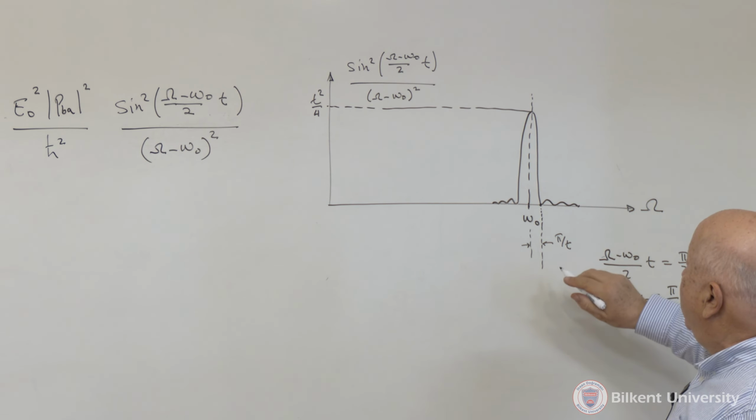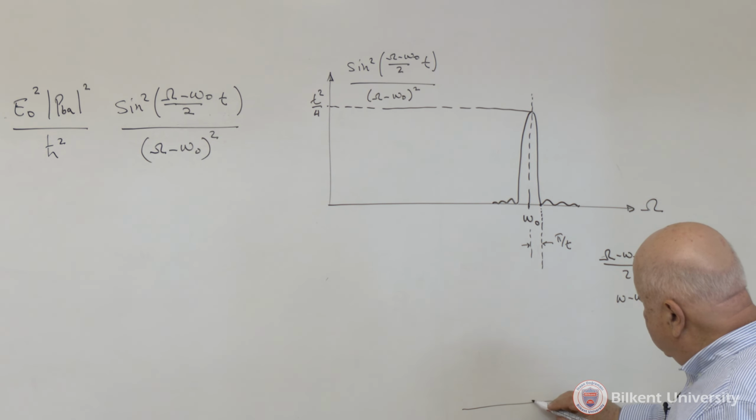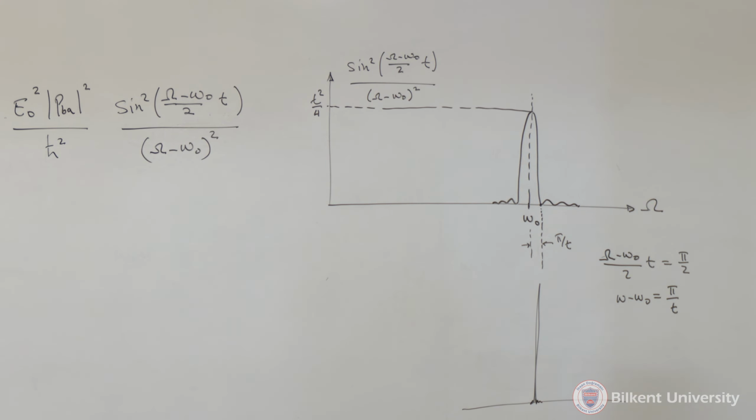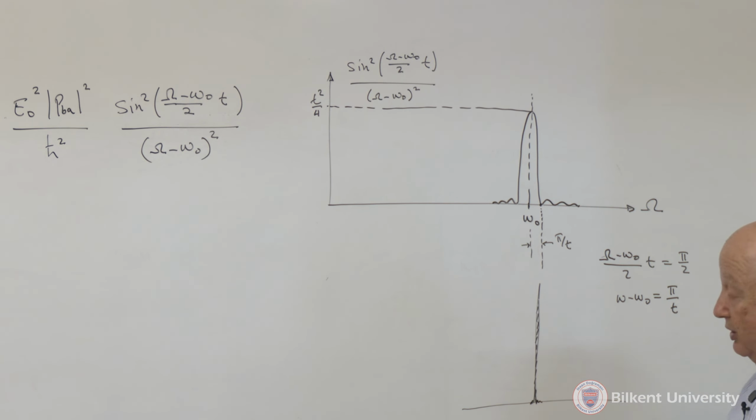As I increase t more and more, it's going to be steeper and steeper, and it's going to do something like this. So if the area under it is constant, it's a good candidate for a delta function.